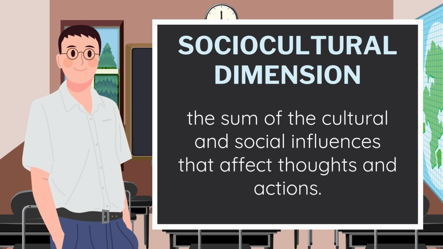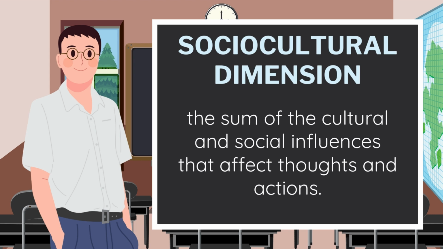Next, we go to the sociocultural dimension. This dimension of sexuality is the sum of the cultural and social influences that affect thoughts and actions. The people surrounding you greatly contribute to your sexuality. This includes your family, school, and neighbors.